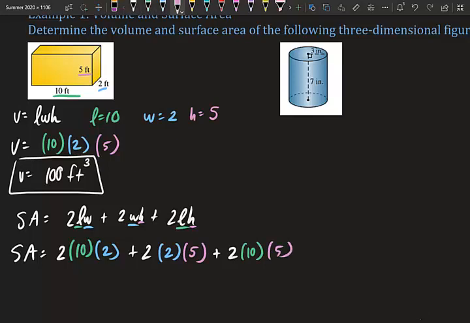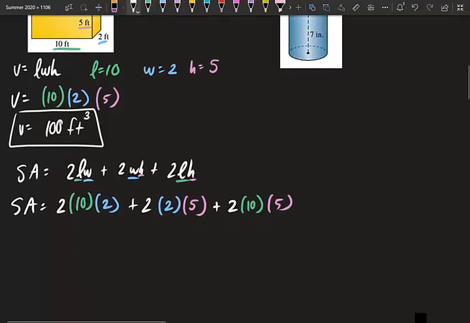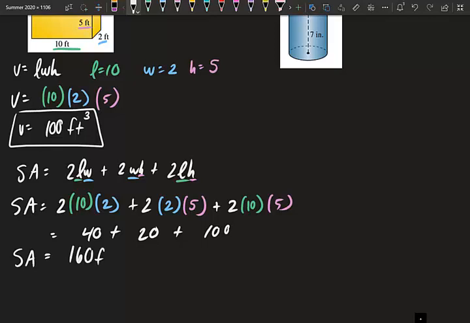We'll simplify each of these, or you can plug it into your calculator. 10 times 2 is 20, 20 times 2 is 40. 2 times 2 is 4, and 4 times 5 is 20. 2 times 10 is 20, and 20 times 5 is 100. We add them all up, so our surface area is 160 feet squared. Surface area is squared because it's the outside.